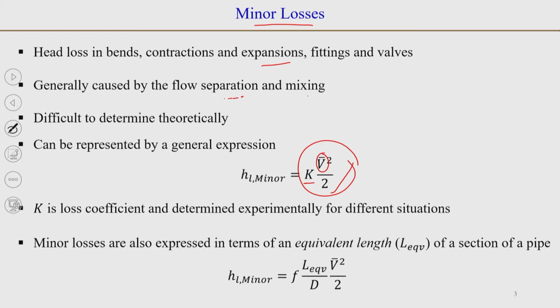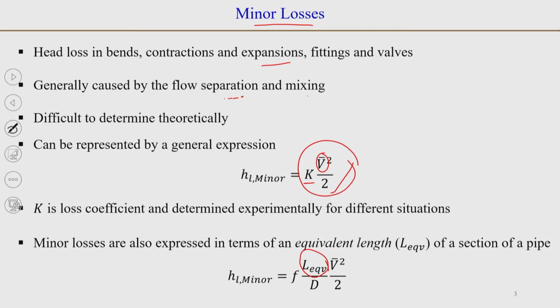So, if you remember the formula for HL major, it was f L by d into v squared by 2. In analogy with that, we could define an equivalent length.